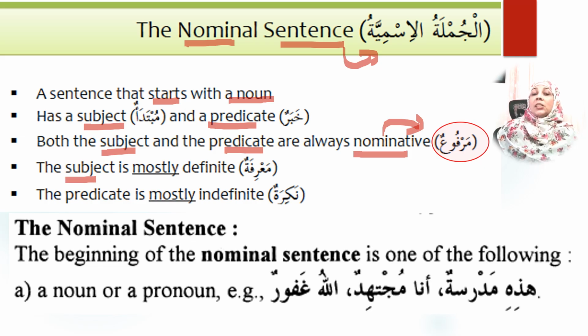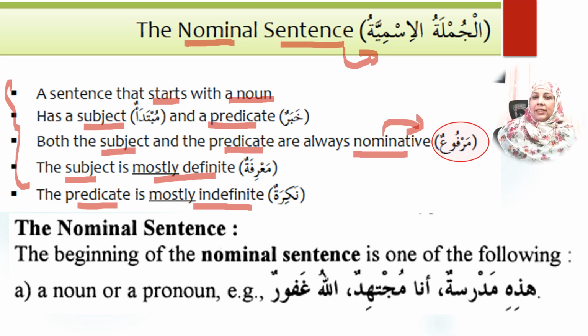The subject is mostly definite, which means it has the al prefixed to the noun. And the predicate is mostly indefinite with a tanween marker at the end.